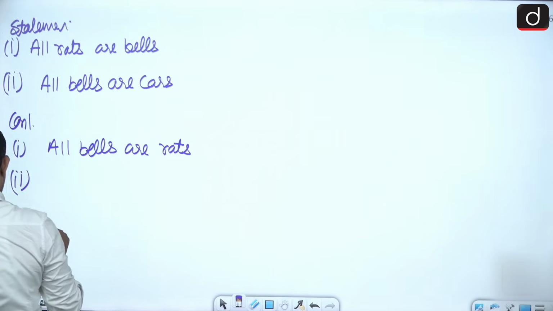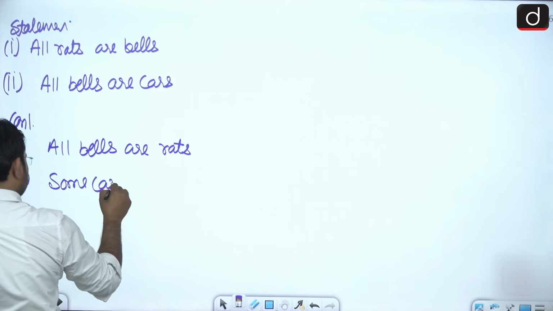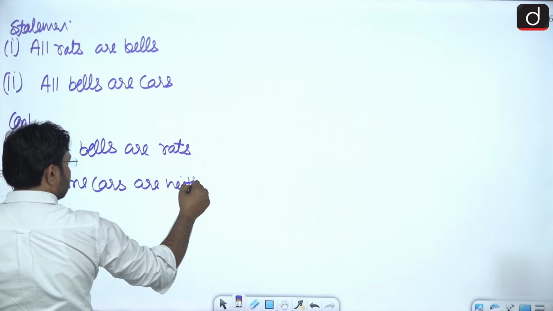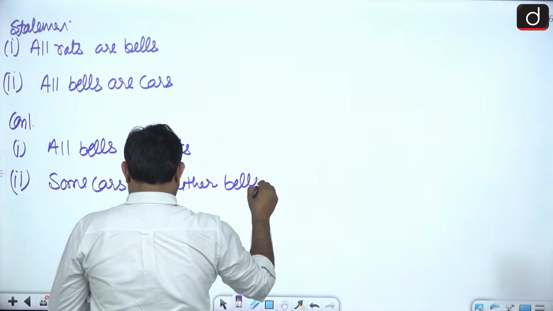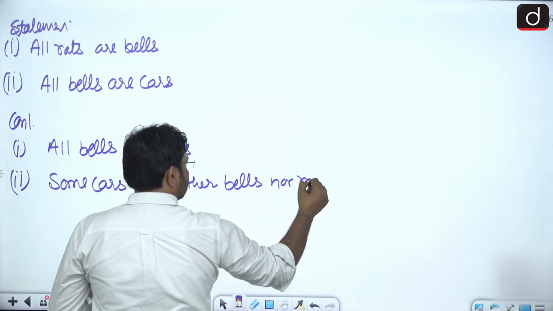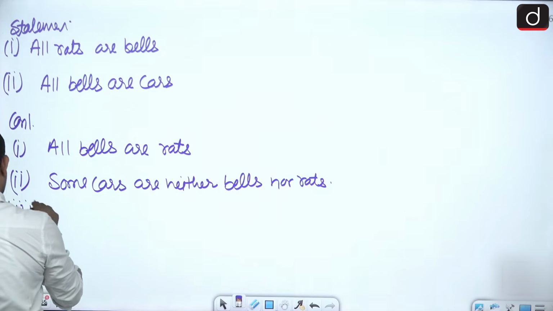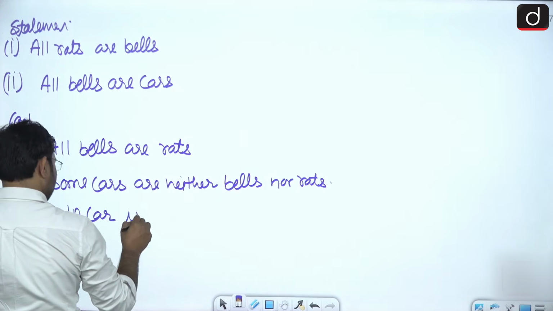Conclusion 2 is some cars are neither bell nor rats. Third conclusion is no car is rat.